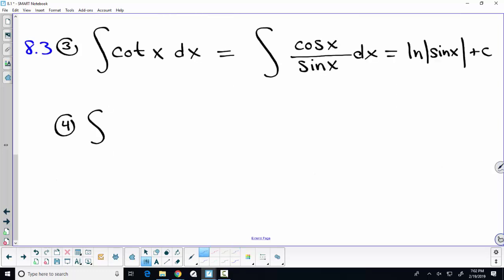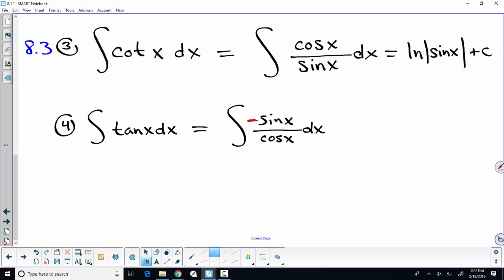Another example, the antiderivative of tangent. Same idea, write that as sine over cosine. The derivative of cosine is negative sine. So we need a negative here for that to be in log form. But if I'm going to put a negative there, I have to put a negative here, right? I'm multiplying by positive 1.